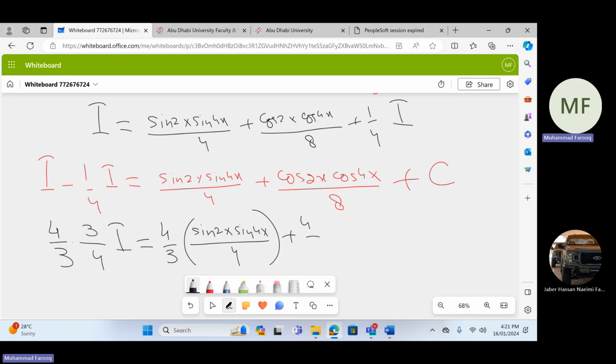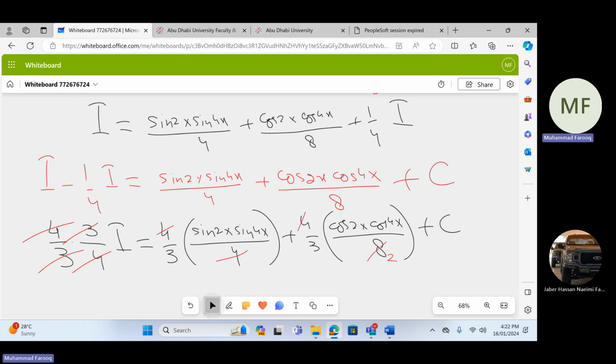Plus again 4 by 3, 2x cosine 4x, and plus. So now please, this cancels, you get the I value. Here you can simplify. 4 cancel. 4 and 8, how much? 2.